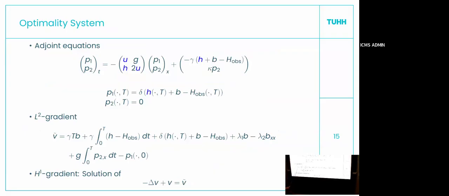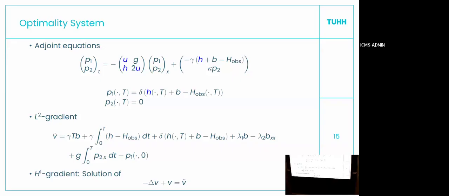And then we can assemble a gradient in L2, and to get a gradient in H1, you have to solve an additional elliptic problem here. What we also don't do here is solve the coupled optimality system, but we really solve state and adjoint separately, compute a gradient, do a gradient step, and continue.